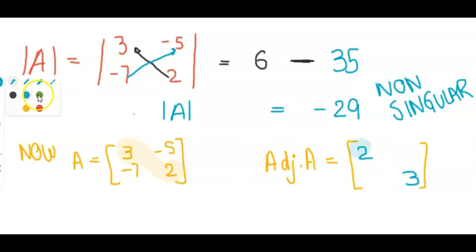The next thing you do is change the sign of these ones. It is minus 5, so make it 5. It is minus 7, make it 7. If that was a 7, I would have to make it minus 7. So these two change sign.